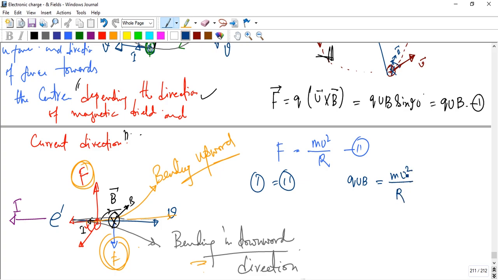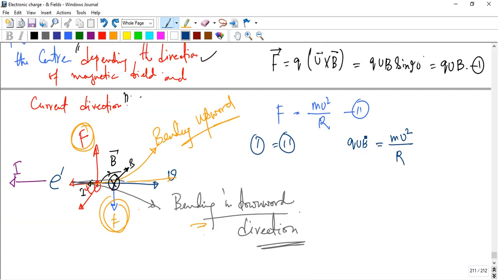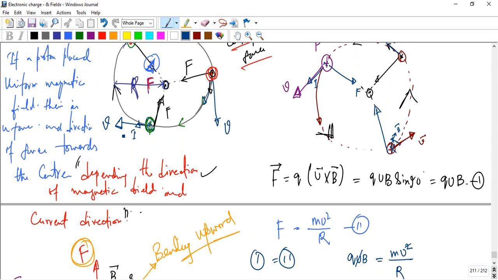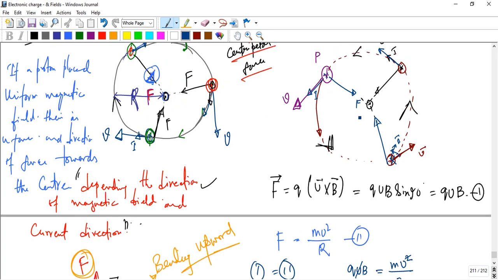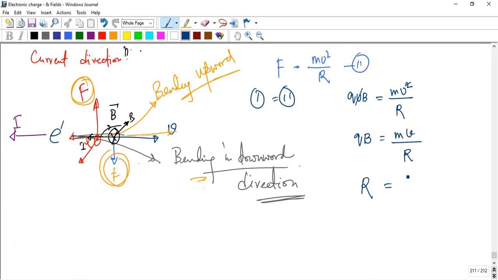The v cancels, so qB equal to m v by r. So the radius of the given circle is r equal to m v by q times B.